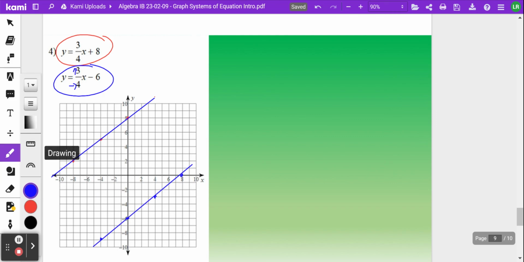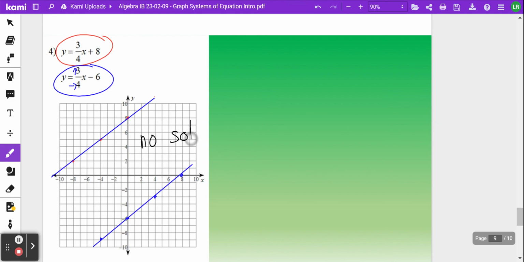And I do see the parallel lines. So how do I answer that? Because it's not a data point. I have to have the 2 lines on the graph, and then I can write no solution.